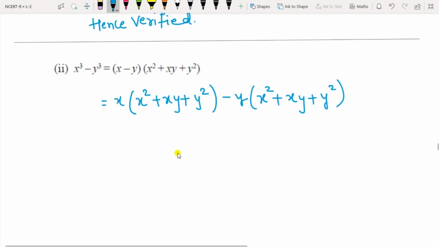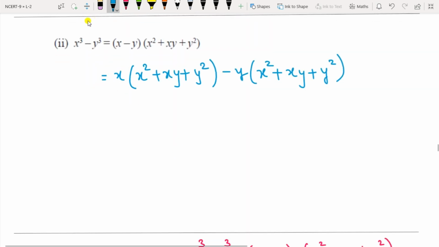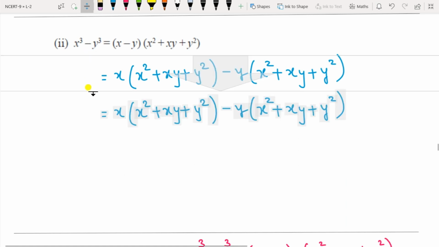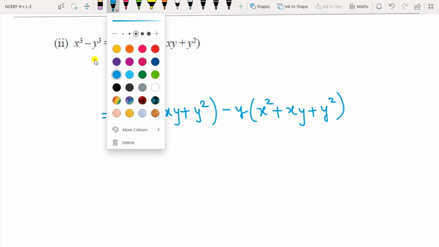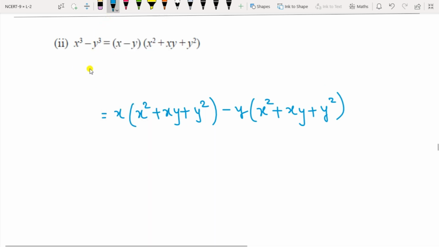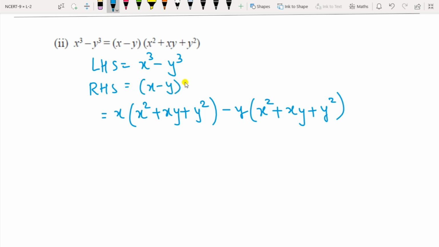Let us do the second one here, same thing. So here LHS is given as x cube minus y cube, and RHS is given as x minus y, x square plus xy plus y square, that is your RHS.